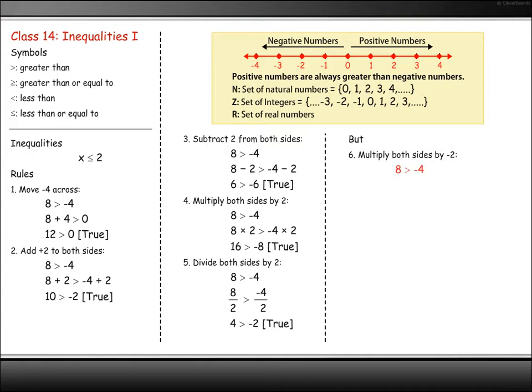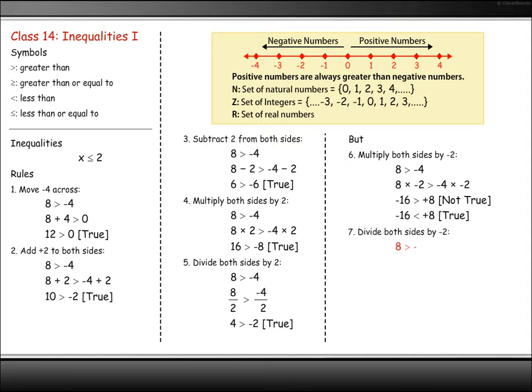However, if you multiply both sides by -2, this is not true, as -16 is not greater than 8. You need to reverse the inequality. Change from is greater than to is less than to make it true.